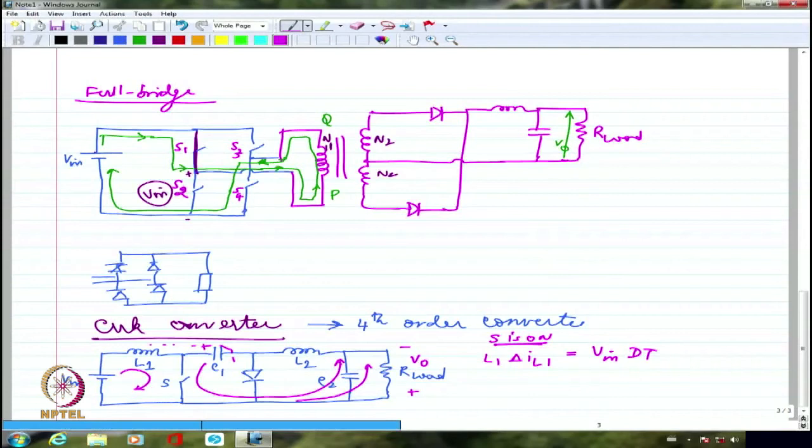Because you can look at the diode also, which is in the freewheeling direction correctly. It's not a big deal, right? So you can make out that this is essentially like a buck converter. So the front end is like a boost converter, and back end, or I can say load end, is like a buck converter.